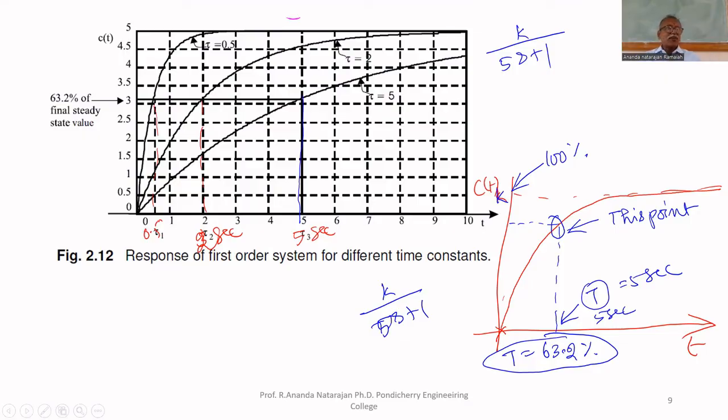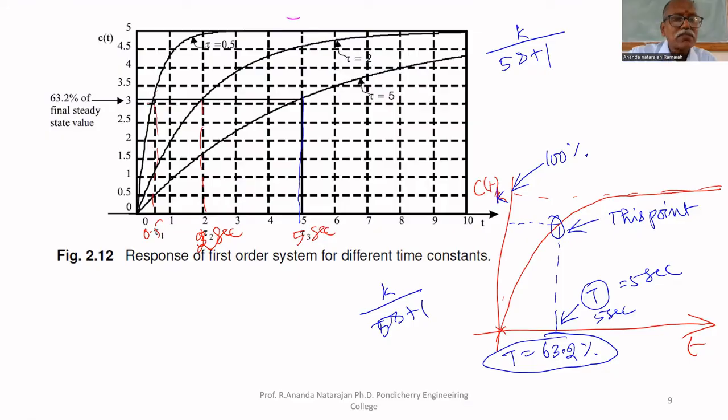The first system takes 0.5 seconds, the second system takes 2 seconds, and the third system takes 5 seconds to reach 63.2% of final value. Which is faster?